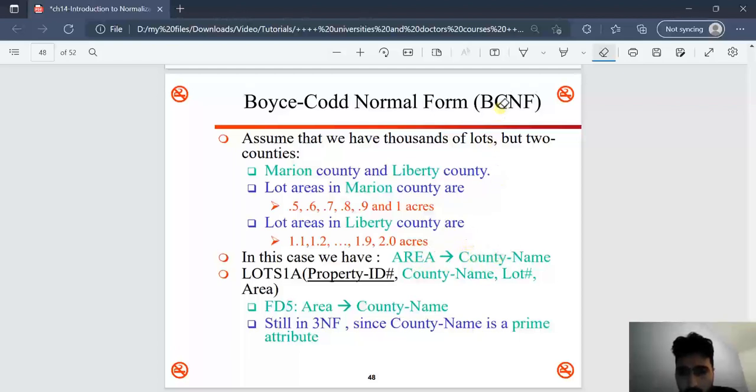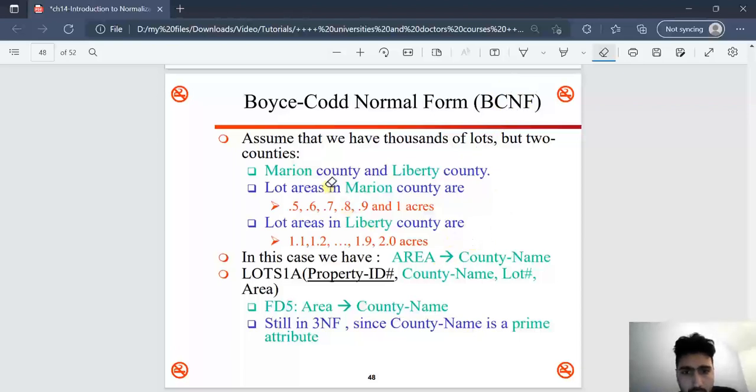So BCNF comes here to take care of it, because this will create redundancy problems in our database or in our table. So BCNF comes to solve the problem.